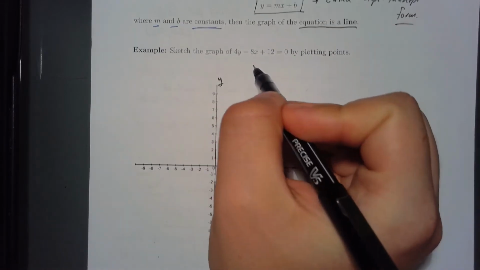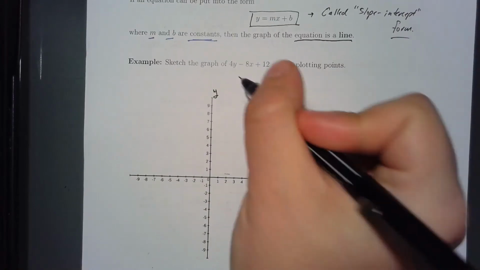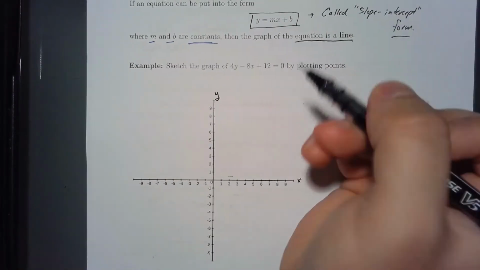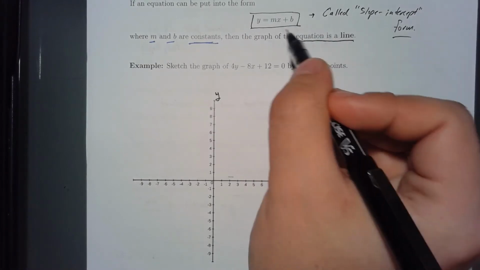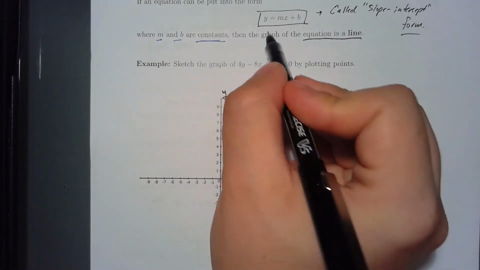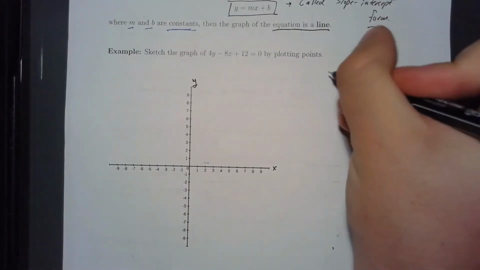Well, it's linear because the exponent is 1 for y and x. So I need to put it in slope-intercept form. So how do you do that? Well, you solve for y.